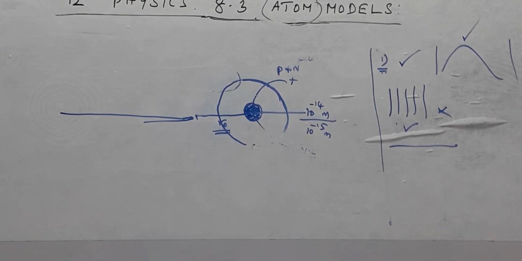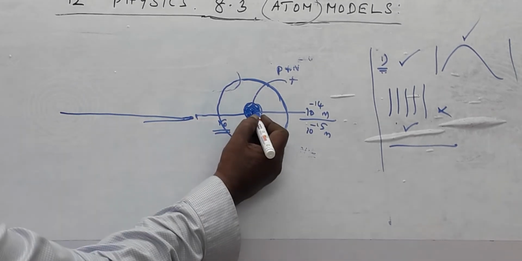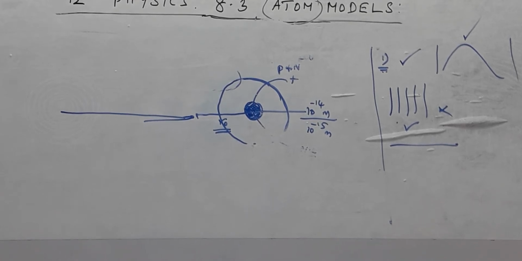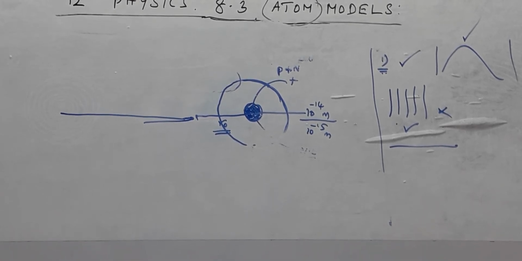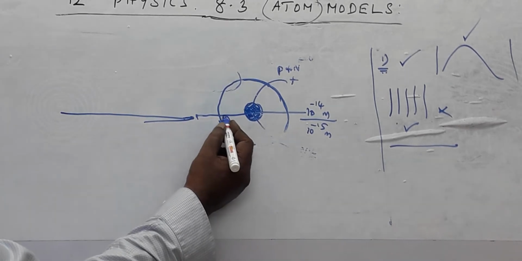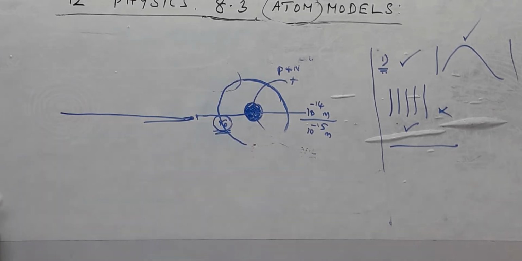Here, the minimum distance between the center of the nucleus and the alpha particle just before it gets reflected back through 180 degrees is defined as the distance of closest approach. This is a valuable 3-mark question.